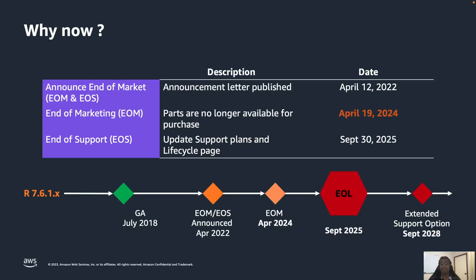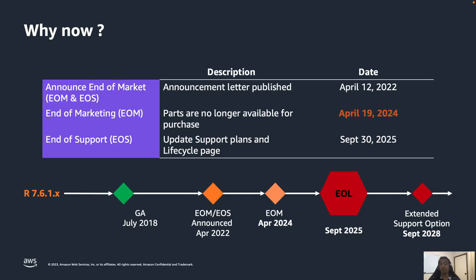End of marketing means that IBM will no longer sell parts or licenses for Maximo 7. The only Maximo license that it can sell would be the MAS licenses. What this means to existing customers is, let's say they've got a brand new business unit that is wanting to use Maximo. For that additional user licenses, customers will now have to procure MAS licenses as opposed to Maximo licenses.